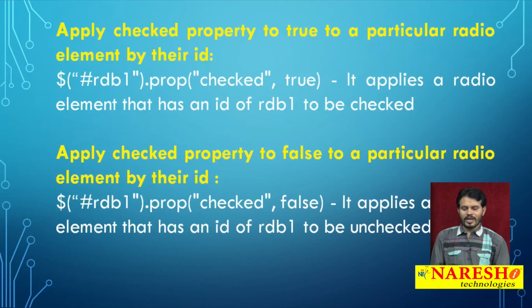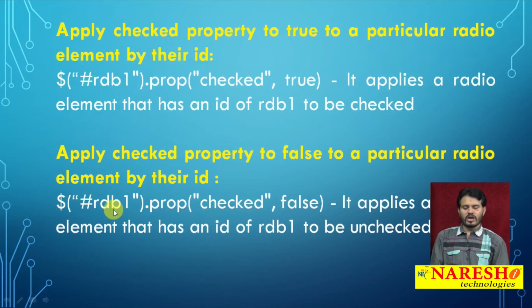On that, we apply the prop method with the checked property and the value true. It means this particular radio element is going to be checked. And if you want it unchecked, you apply the checked property as false to a particular radio element by its ID.